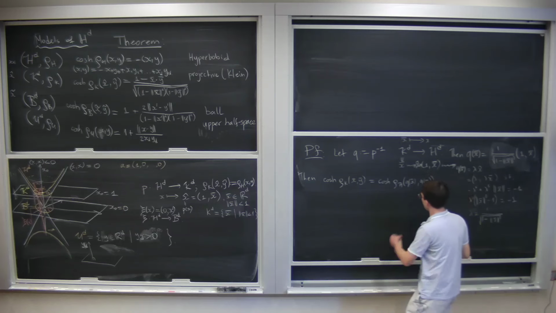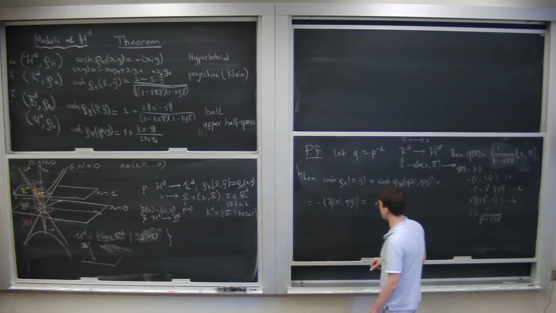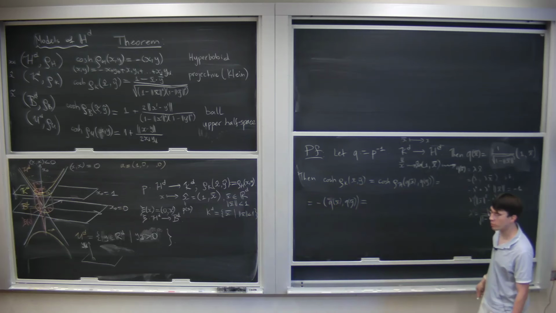And since then we know that this is equal to minus the Lorentzian scalar product of q of x bar and q of y bar.